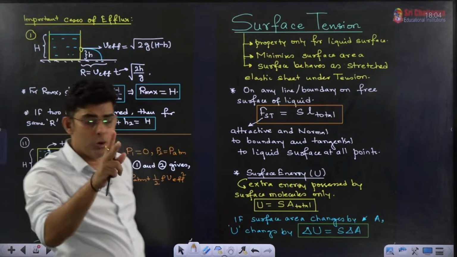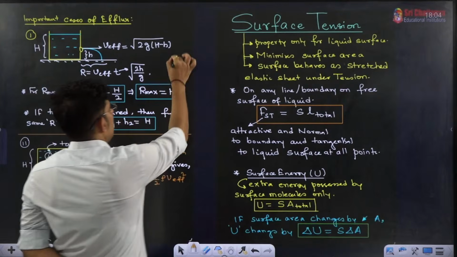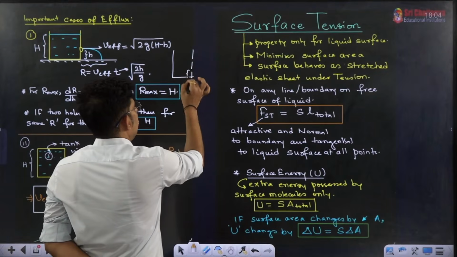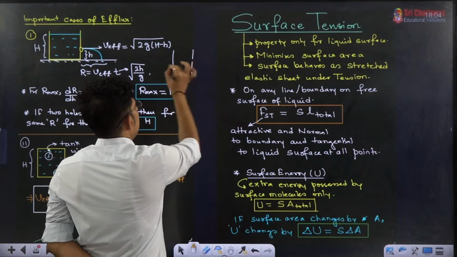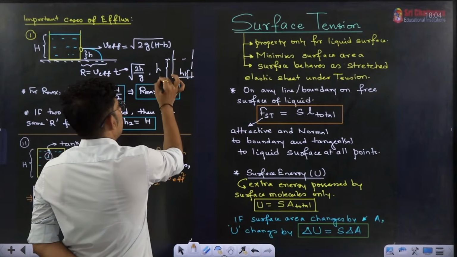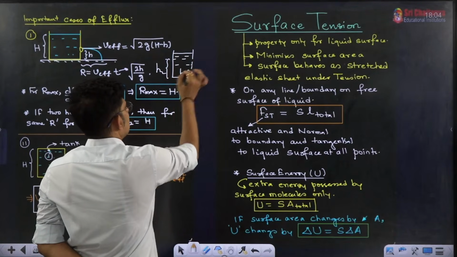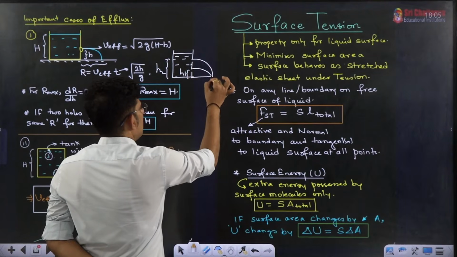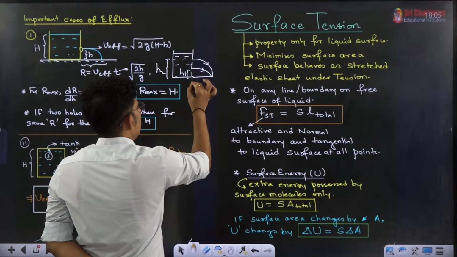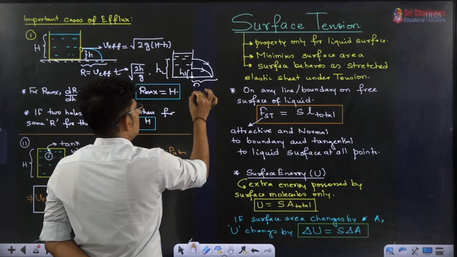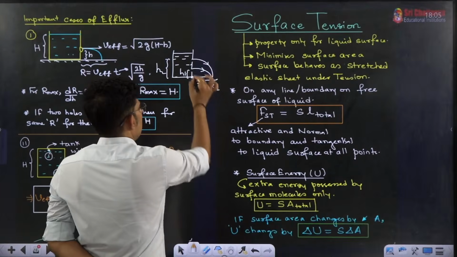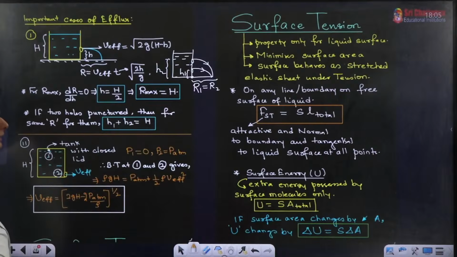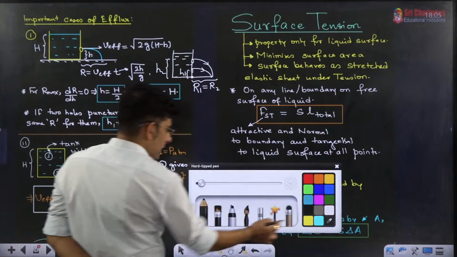If we puncture two holes at two different positions on the wall, with heights h1 and h2, and we want the liquid coming from both to fall at the same point, the same range, then the sum of the heights of the holes should equal the total height capital H. Clear? This is a very important point.